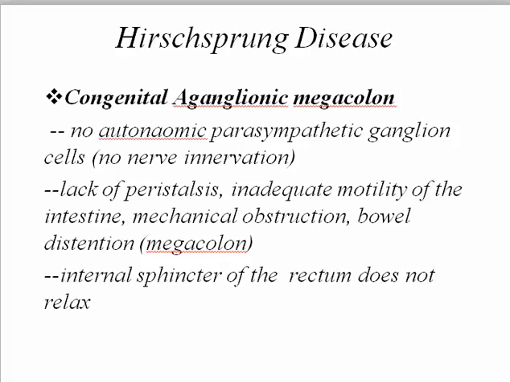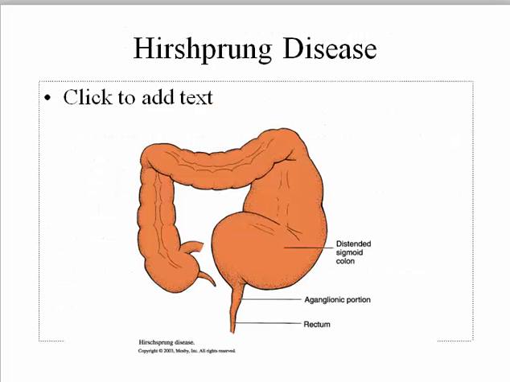So there's an accumulation of intestinal contents, and bowel distension proximal to the defect. So you have what is called megacolon, which we will see in, I believe, our next slide. So here is megacolon. There's a distended sigmoid colon, and then this is the aganglionic portion. It's distended, so it's also known as megacolon.